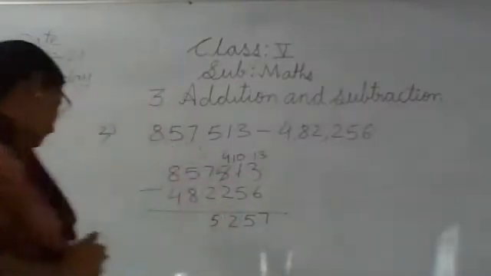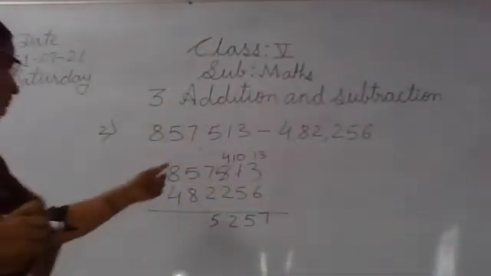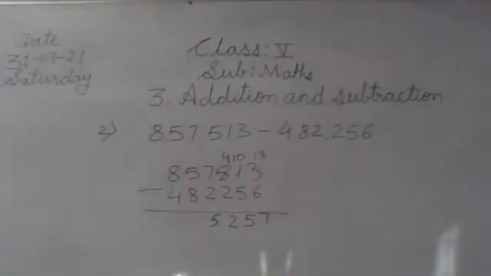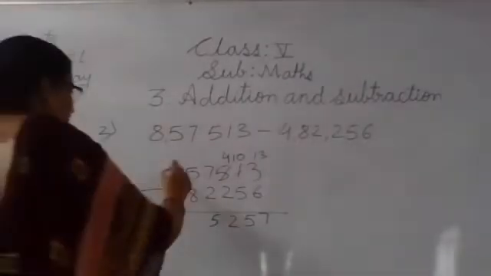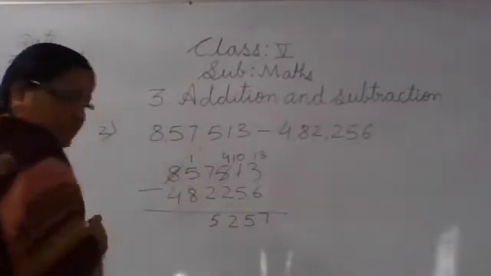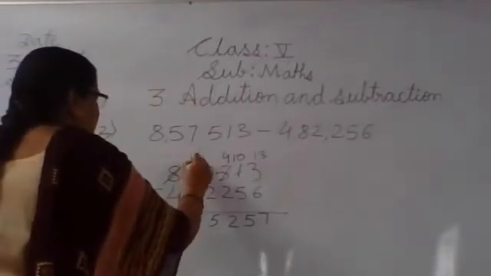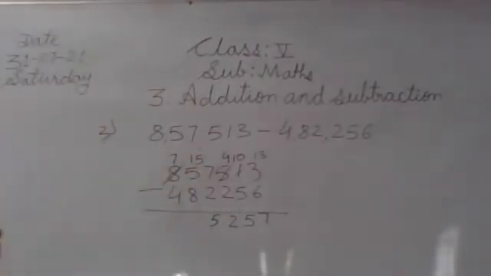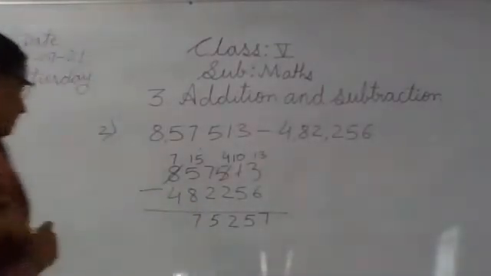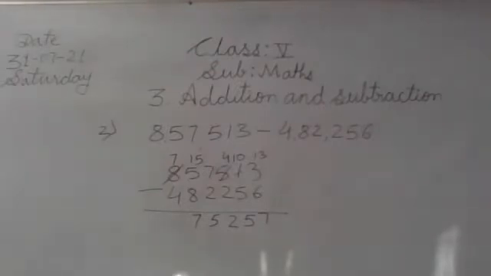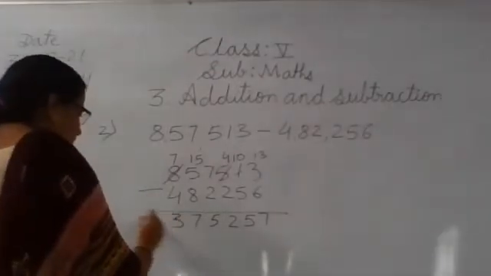5. 5 minus 8, not possible. So again we will borrow 1 from this 8. It becomes 5 and it becomes 7. 15 minus 8, 7 and 7 minus 4, 3.